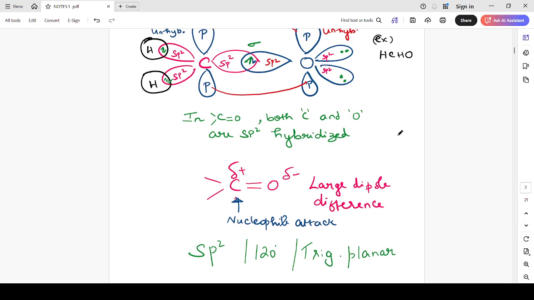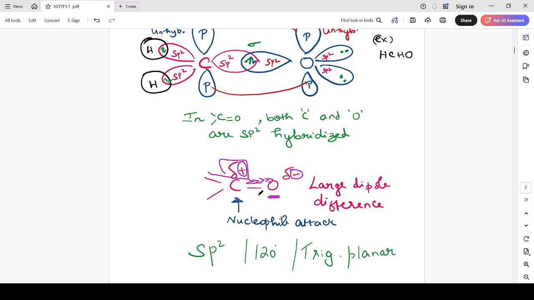Now, the very important thing that happens with respect to this carbonyl, as we mentioned already, this carbon is having electron deficiency. Means what? It doesn't mean it is not octet complete. It is octet complete only because oxygen is an electron withdrawing group. It keeps pulling the electron cloud towards it. And that is the reason why the carbon feels electron deficient. You can see it is having delta plus and oxygen is having delta minus.